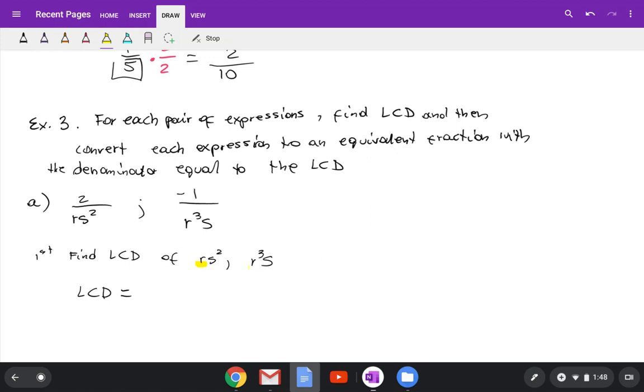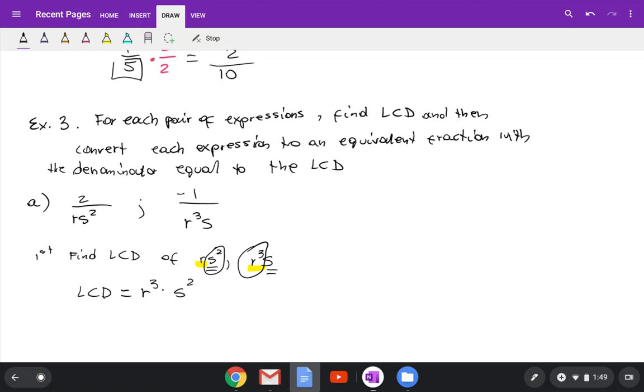R repeats, and R repeats to the third power, and you select the one which is raised to the higher exponent. So we select this one. And then S repeats, but you're going to select the one which is to the highest exponent. So multiply by S squared. So this is LCD, okay?